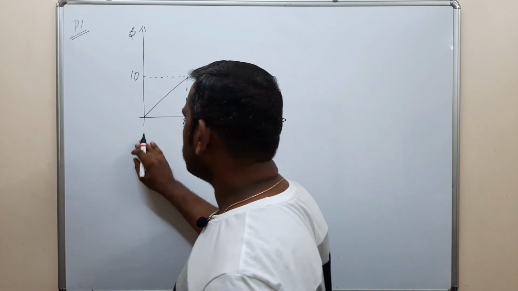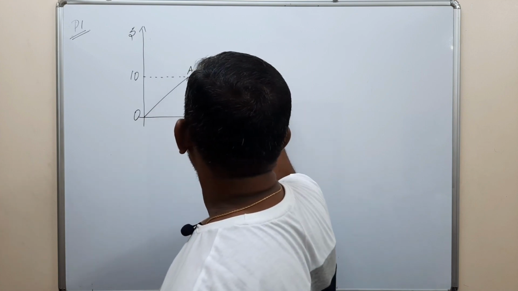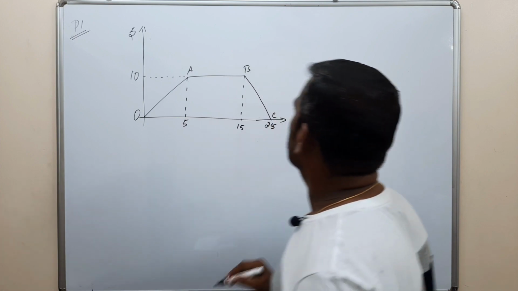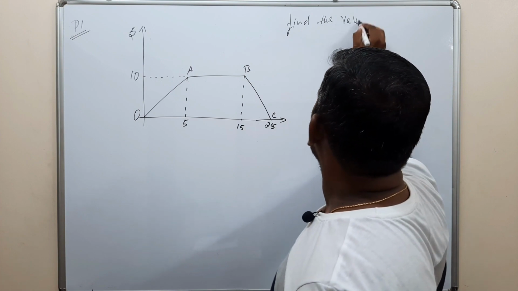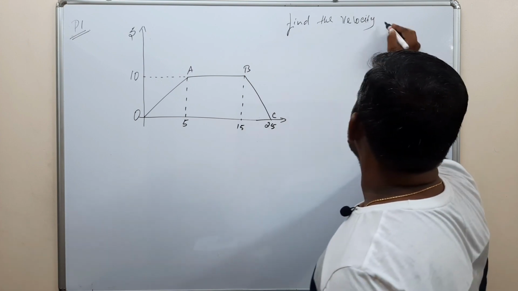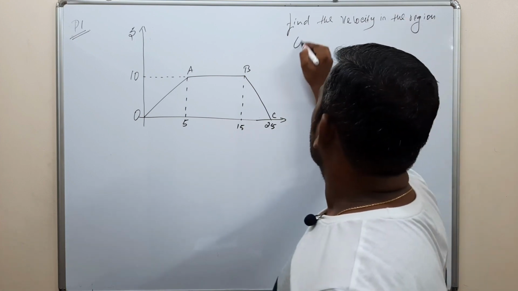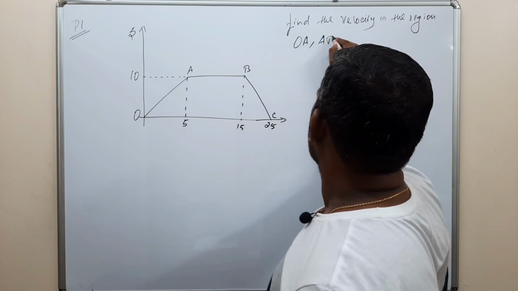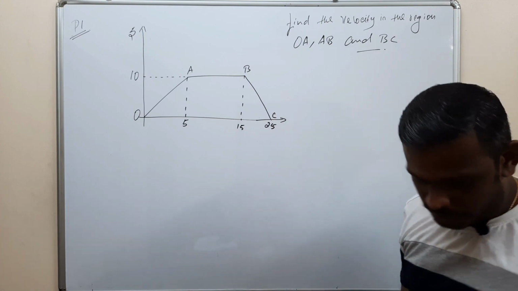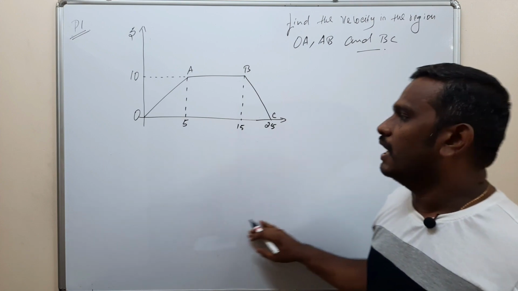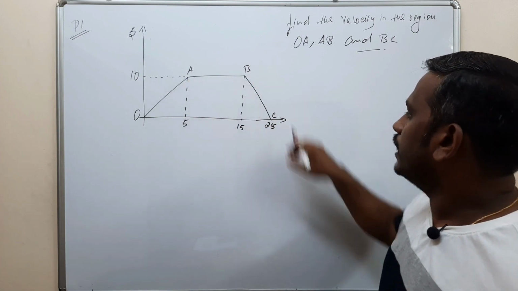Okay. So O, A, B, C. So find the velocity in the region OA, AB and BC. So a displacement time graph is given like this. So we have to find the velocity in the region OA, AB and BC.